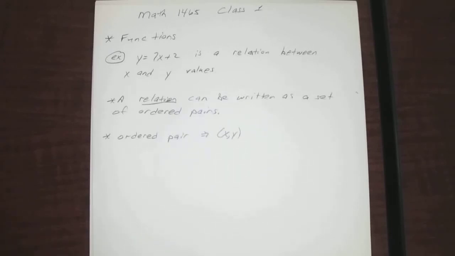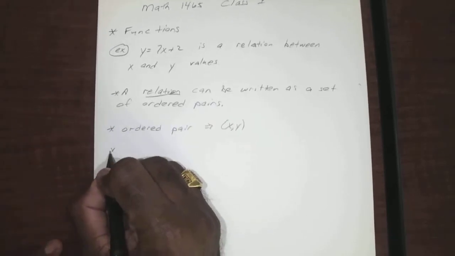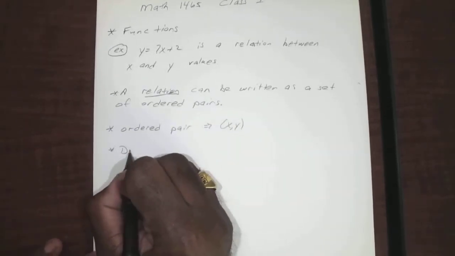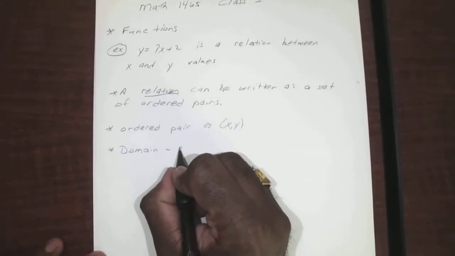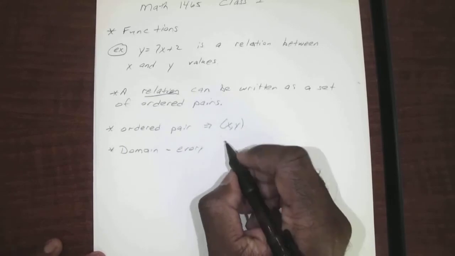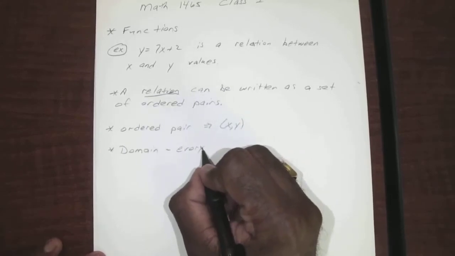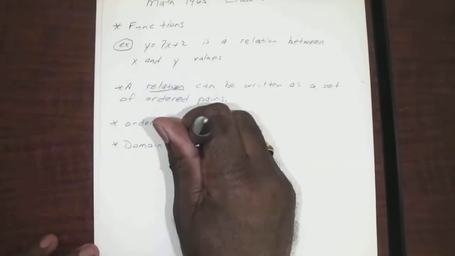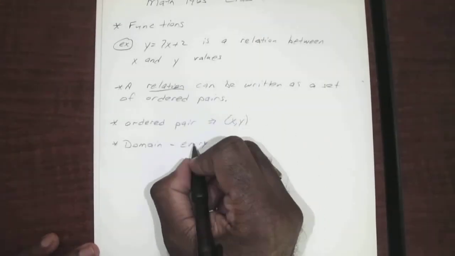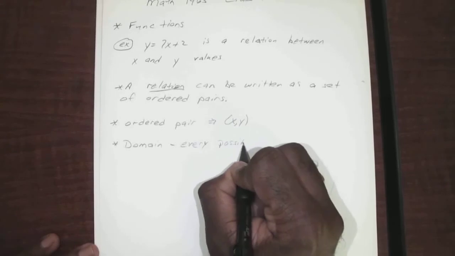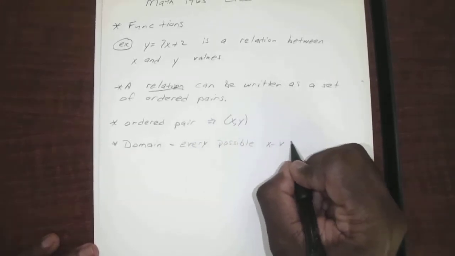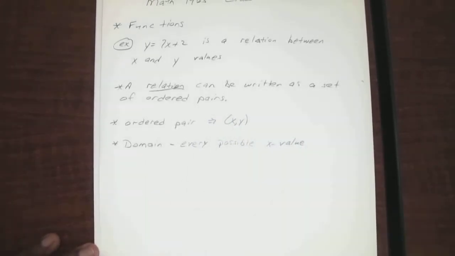Our domain is just every possible x value, and your range is just every possible y value.